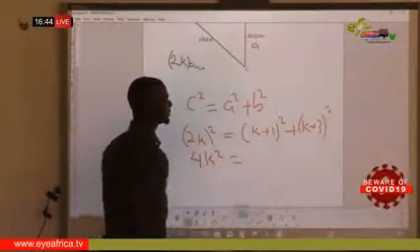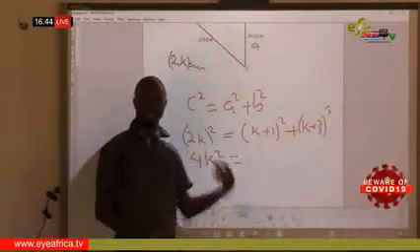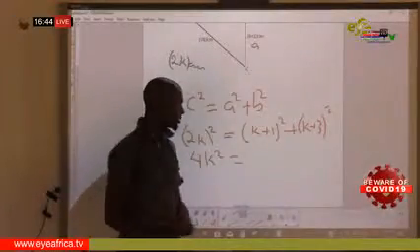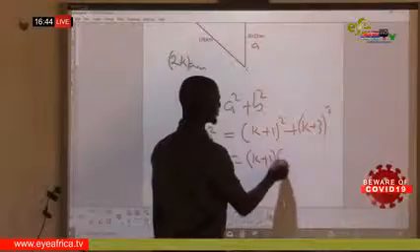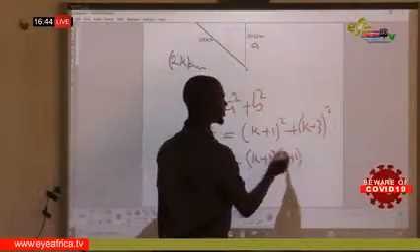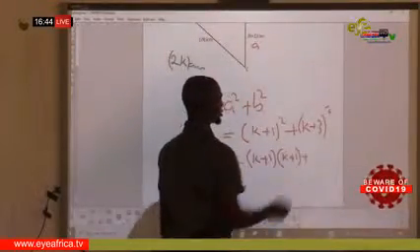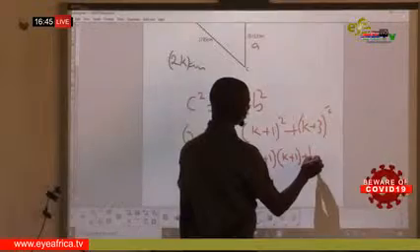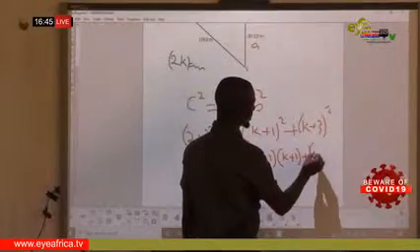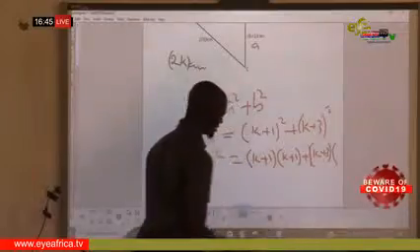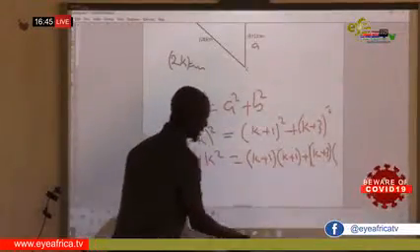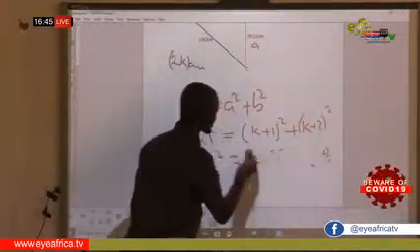This is equals to, we expand this, k plus 1 times k plus 1. Then plus, we have another one, we expand this one, k plus 3 times k plus 3.